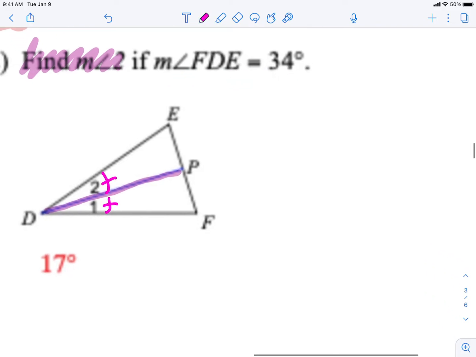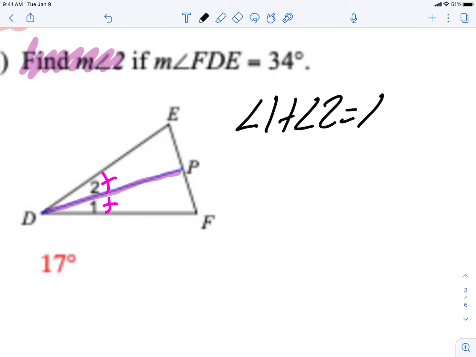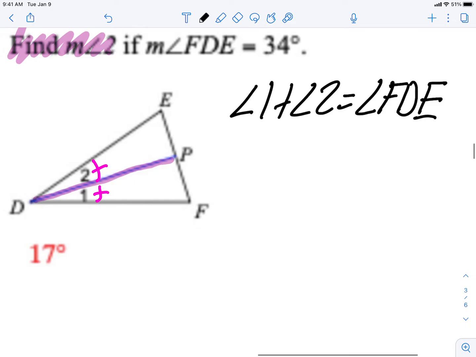So what we do know is that angle 1 plus angle 2 is equal to angle FDE, the big angle. We don't know what angle 1 is. They don't tell us.